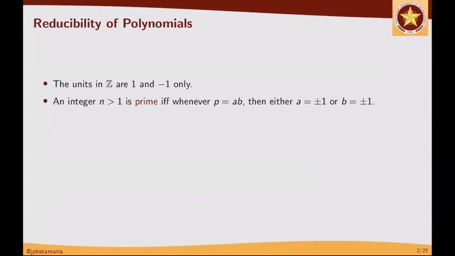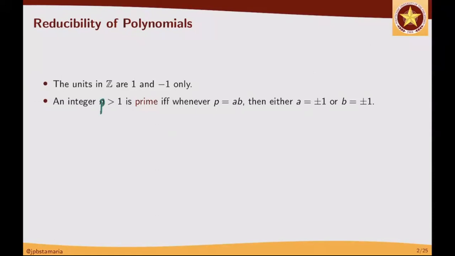This should be, siguro dapat p ito. Mali si sir, siguro dapat yan p. An integer p greater than 1 is prime if and only if whenever you split p into two factors a and b, either a is plus or minus 1 or si b ay plus or minus 1.